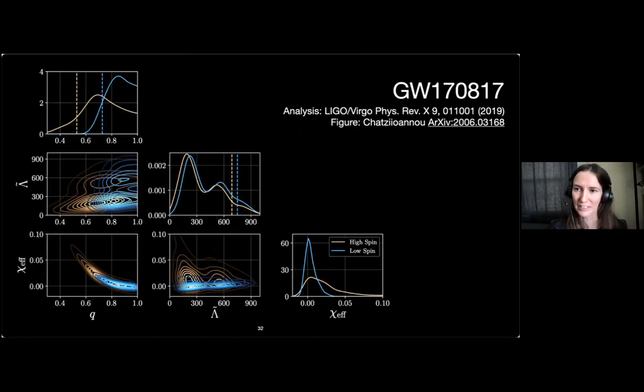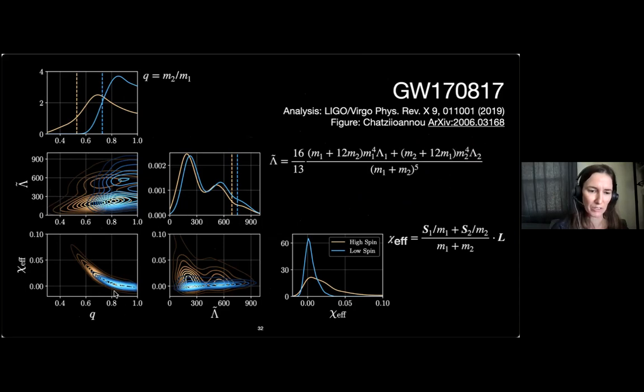So Katerina Tiziano has a very nice review going over this process for 170817, which in particular shows things like the effective spin parameter and the mass ratio here. I'll just put these definitions up as a reminder, and there is this correlation.